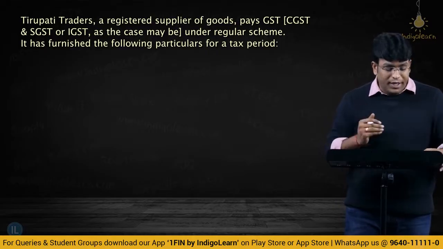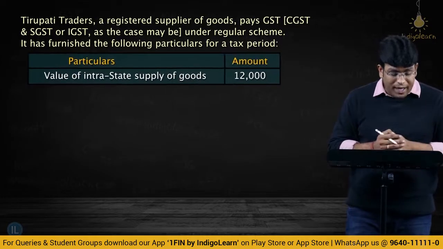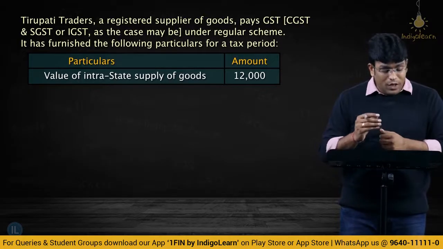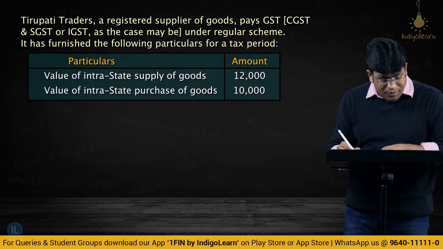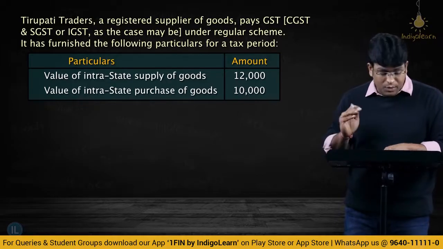It furnishes the following details for a tax period. Value of intrastate supply is 12,000. How much is the intrastate supply? 12,000. And value of intrastate purchase of goods is 10,000. So basically there is an outward supply of 12,000 and an inward supply of how much? 10,000.